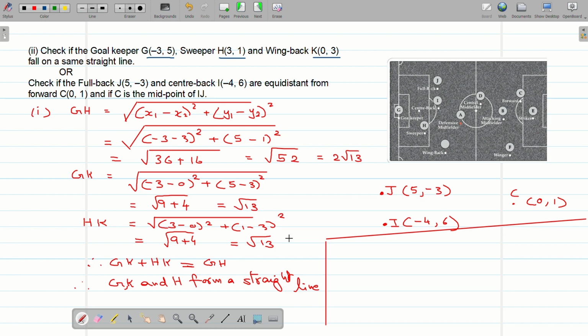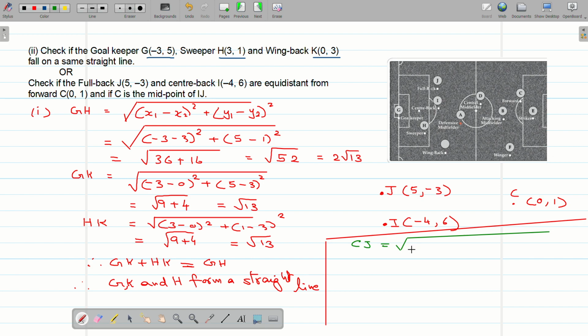CJ is equal to square root of x2 minus x1 the whole square plus y2 minus y1 the whole square.